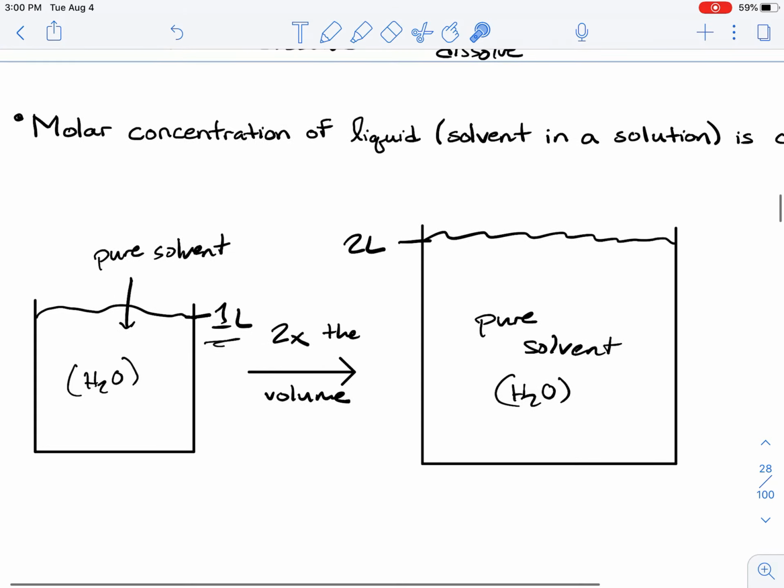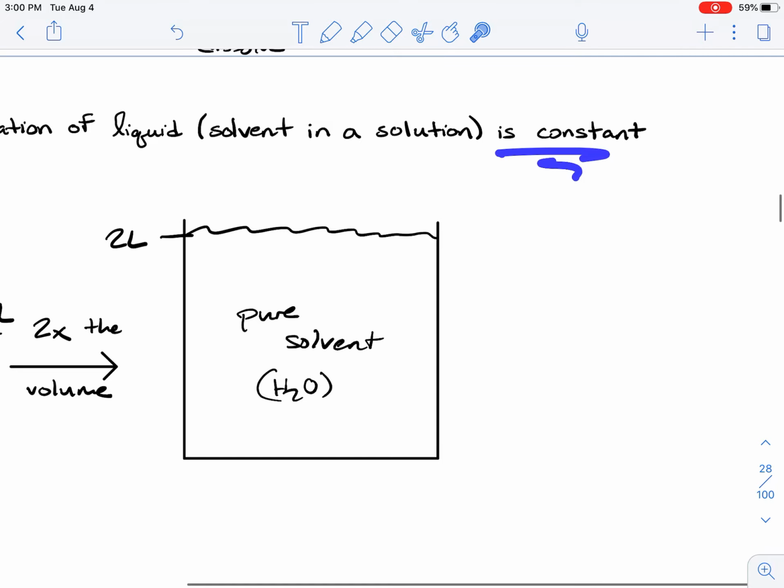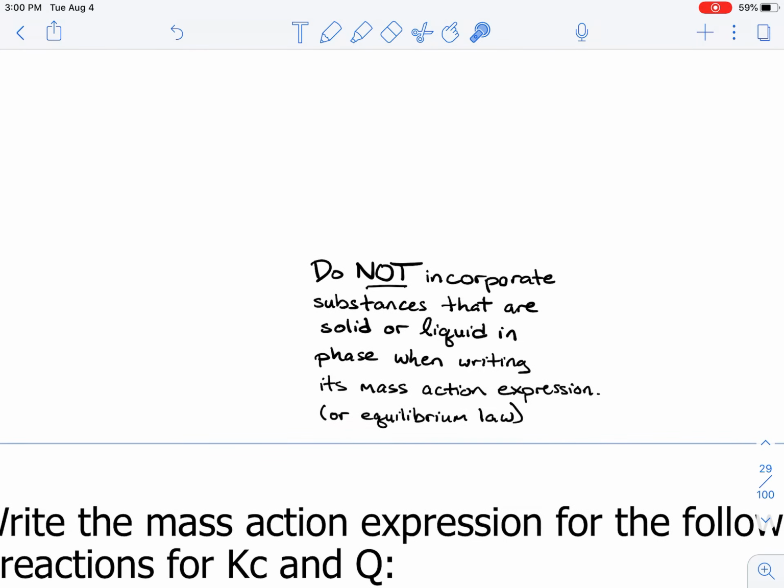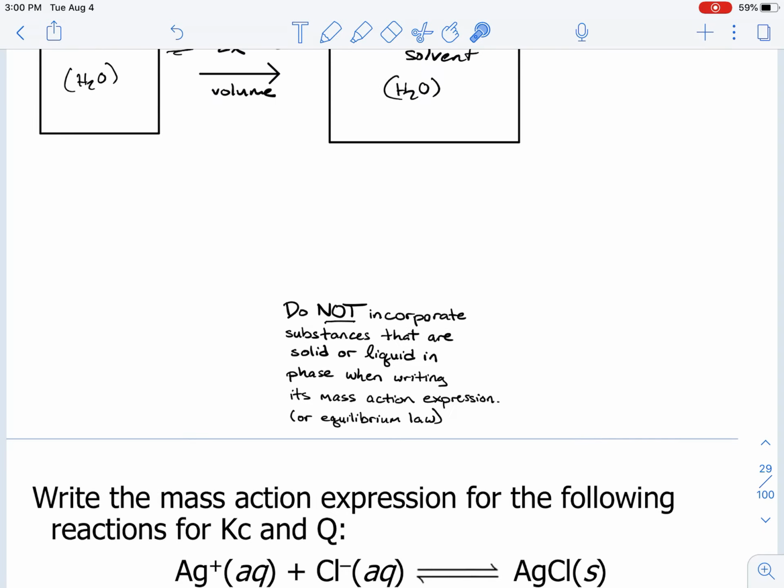And so once again, the molar concentration of liquid, which is typically referring to the solvent in a solution, is constant. And therefore, there is no need for you guys to incorporate that specific substance in your mass action expression. And that's really the main point.